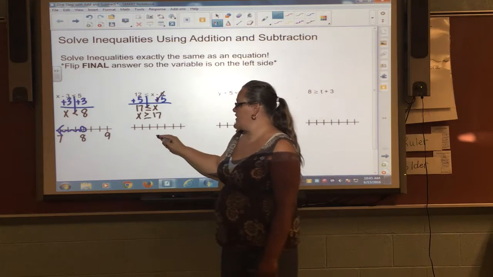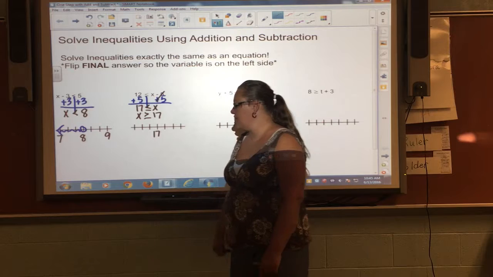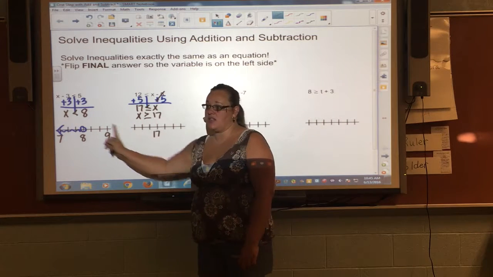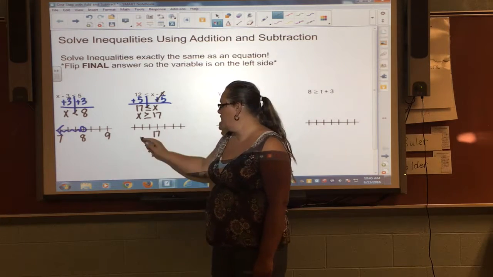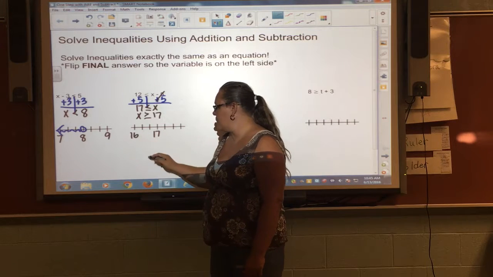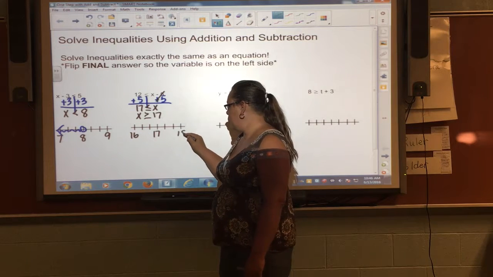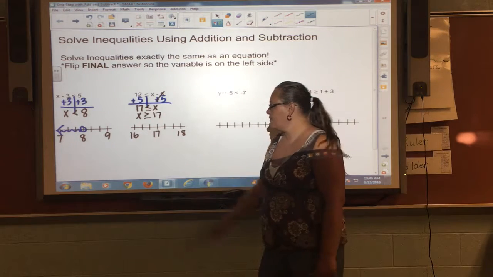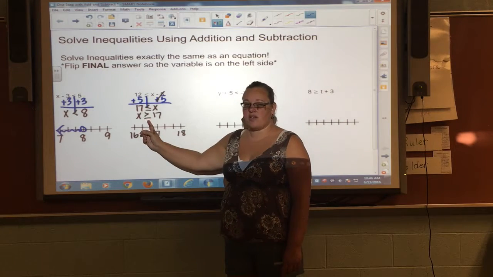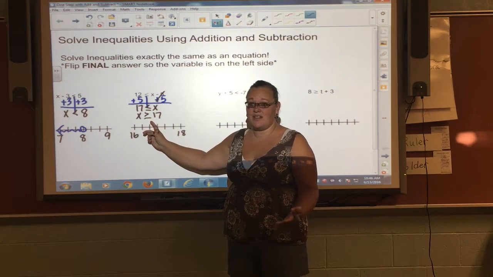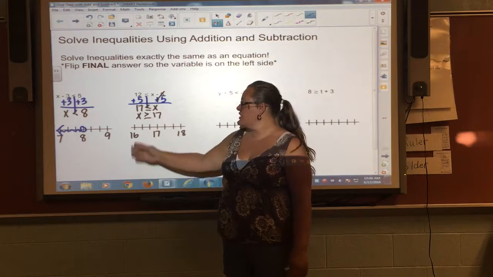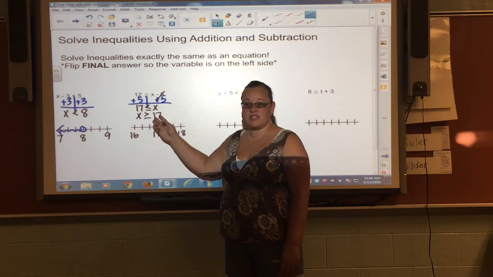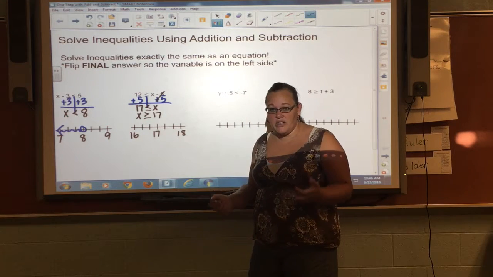So our answer goes in the center, 17. Again, it's positive, so 0 is back this way, so that means 16 is going to be there, 17, and 18 will be here. This time, this little bar underneath of here tells us that it is equal to. So is 17 equal to 17? The answer is yes.